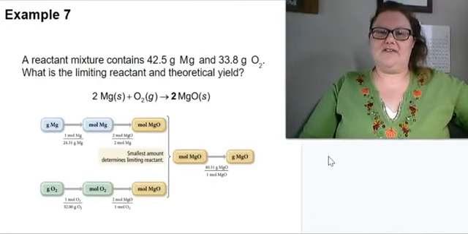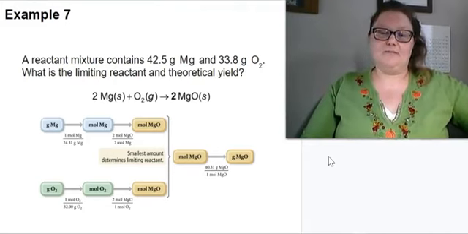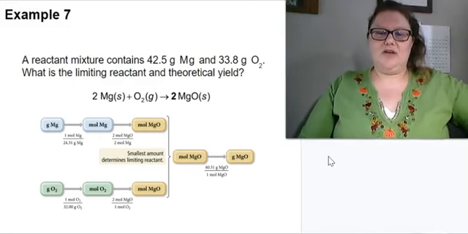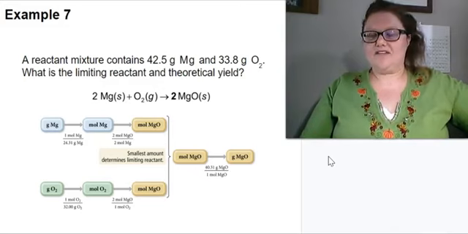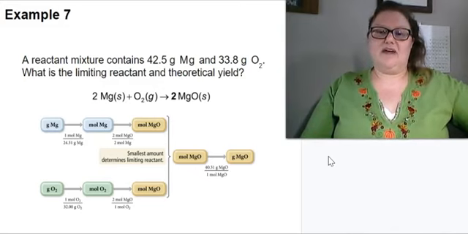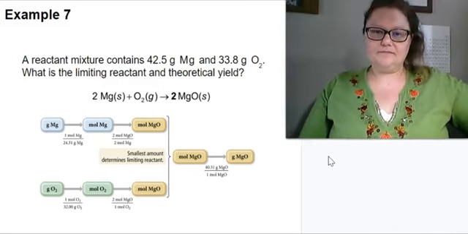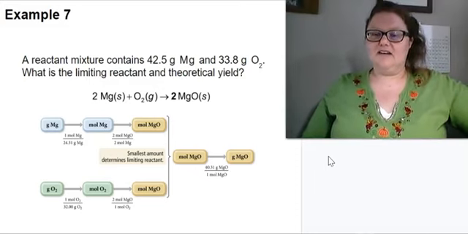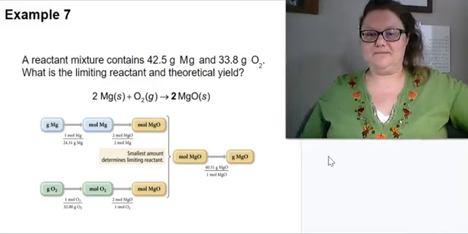So here we have example 7. A reactant mixture contains 42.5 grams of magnesium and 33.8 grams of oxygen. Then we have our balanced equation. This is what we did in the lab, making magnesium oxide. We're asked which one of these would be the limiting reactant and what our theoretical yield would be.